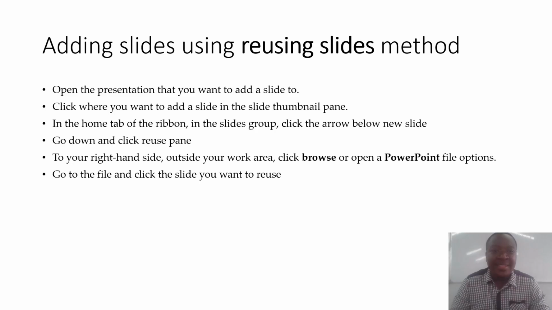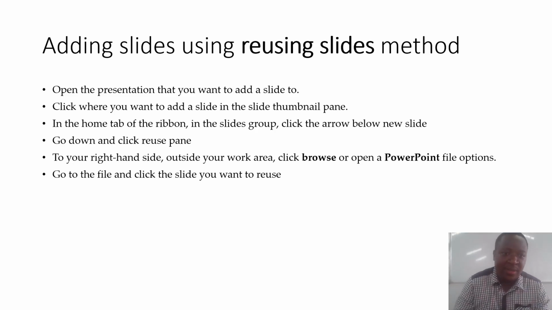Now, let's add slides using the reusing slides method. First of all, you have to open the presentation that you want to add the slide to. And number two, you have to click where you want to add the slide in the slide thumbnail pane. And then in the home tab of the ribbon, in the slides group, click the arrow below new slide.